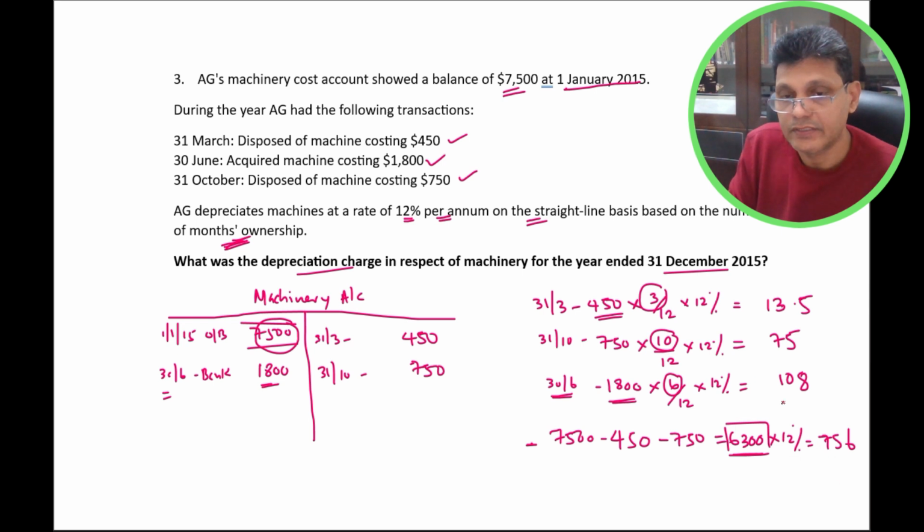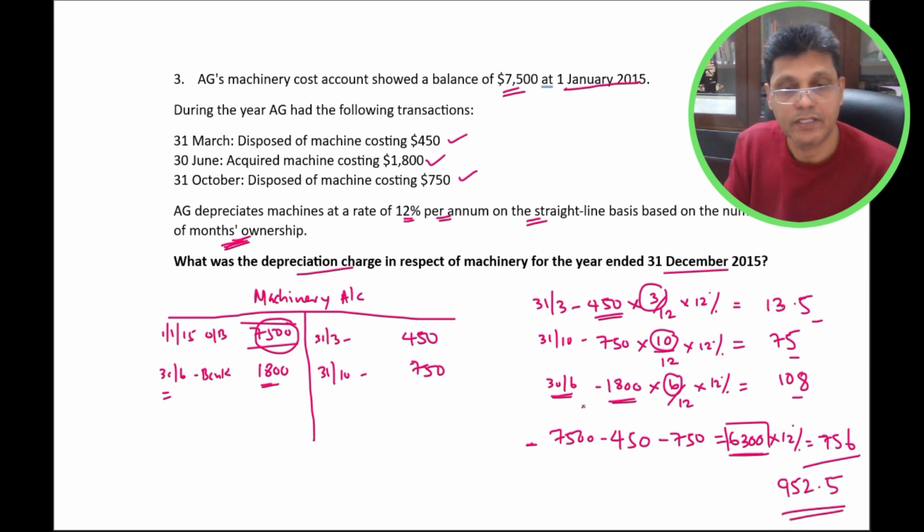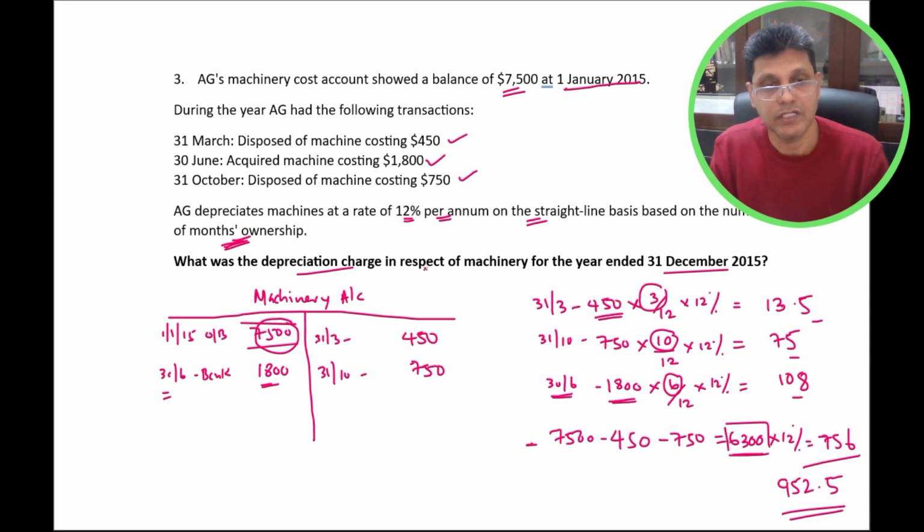So 756 plus 108, 75 plus 13.5. So the total depreciation amount will be 952.5. So this is the answer for this particular question. What was the depreciation charge in respect of machinery for the year ended 31st December 2015? It's going to be 952.5. So this is the answer for this particular question.